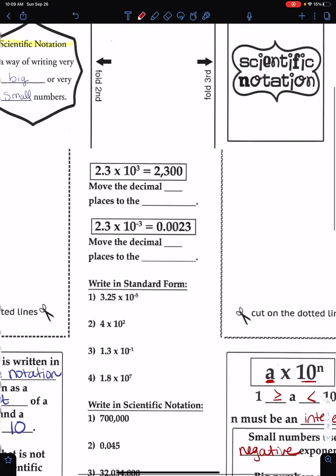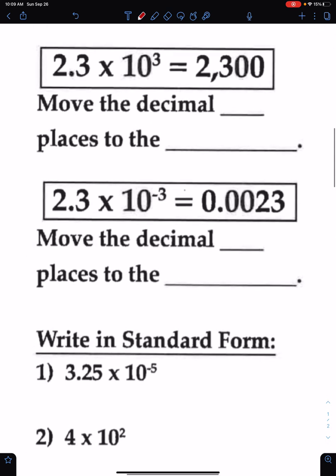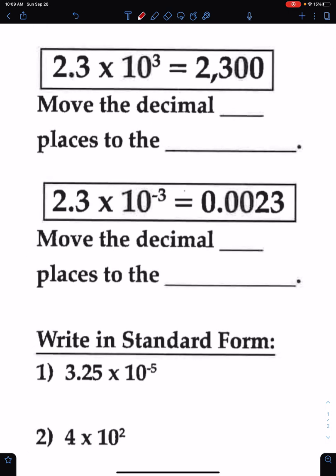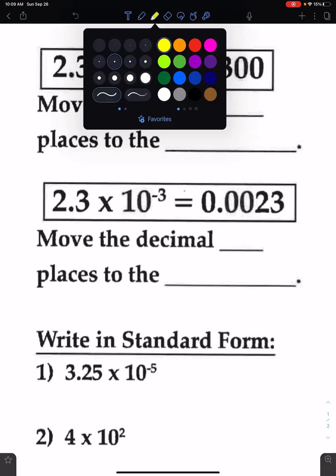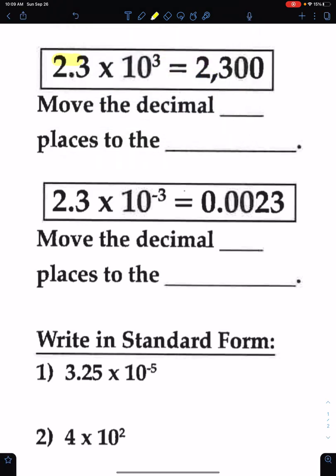All right, so let's look at some examples here. If we want to write this number, which is currently in scientific notation, over on the left, and put it into standard form, which is over on the right, we would move this decimal 3 places to the right.